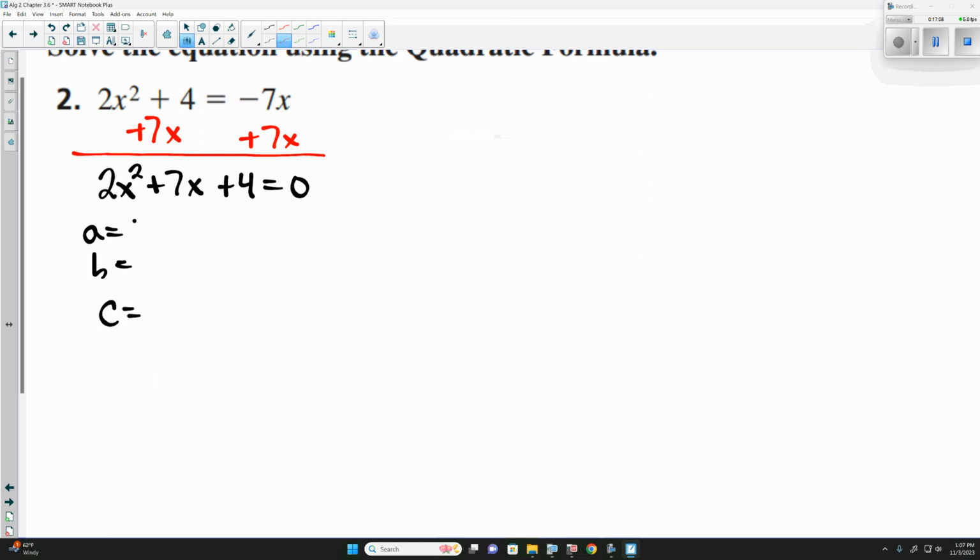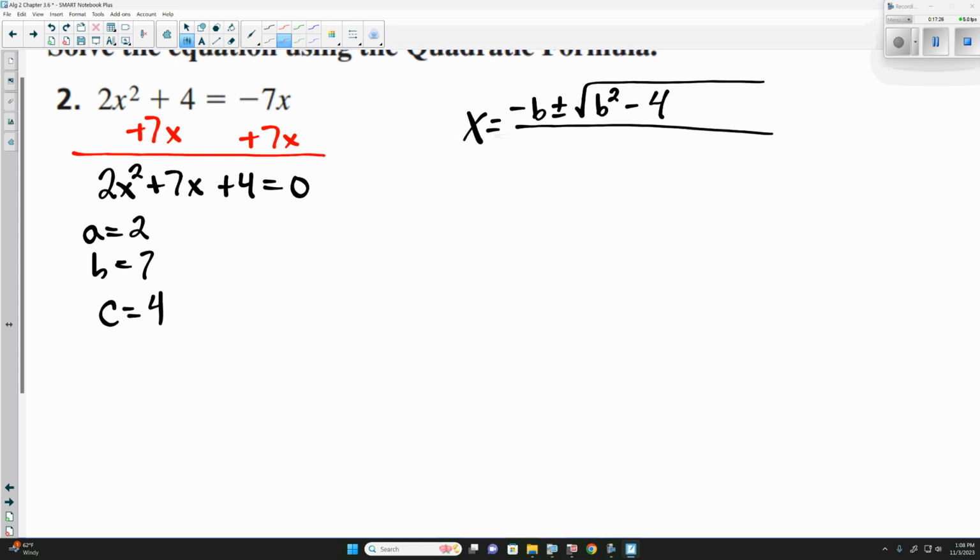A is, B is, C is, D is. There's not one. Negative b plus or minus square root of b squared minus 4ac all over 2a.